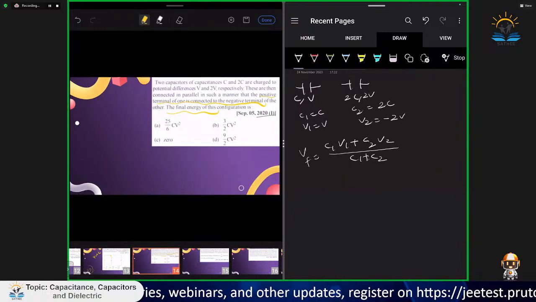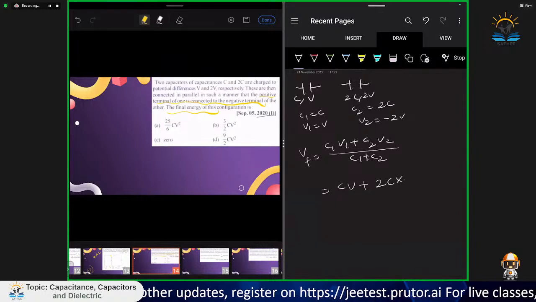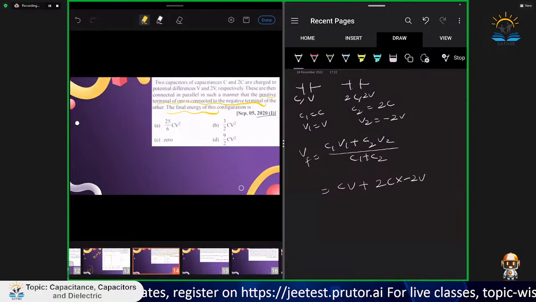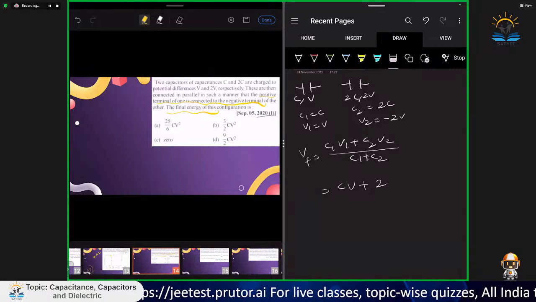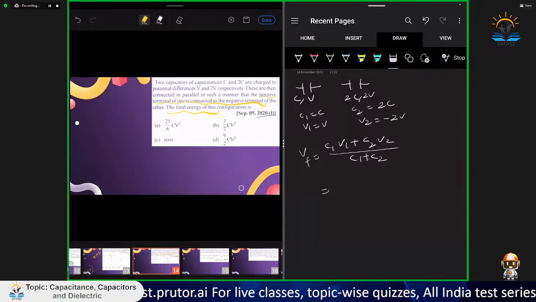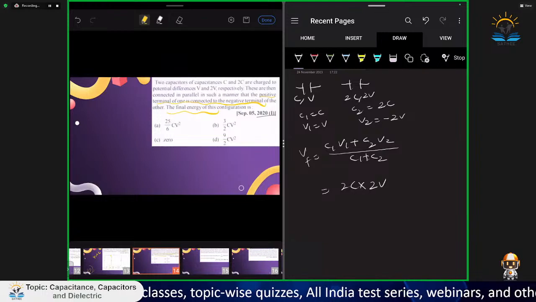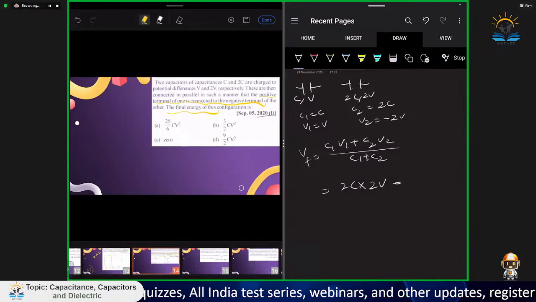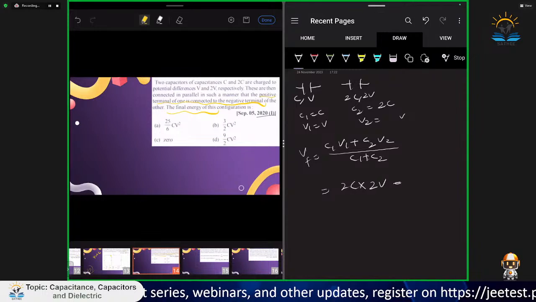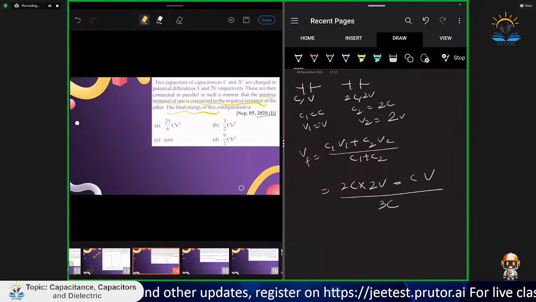What is it? C1 V is CV plus C2 2C into minus 2V. First I am writing C2 V2, so 2C into 2V, minus CV, upon 3C.